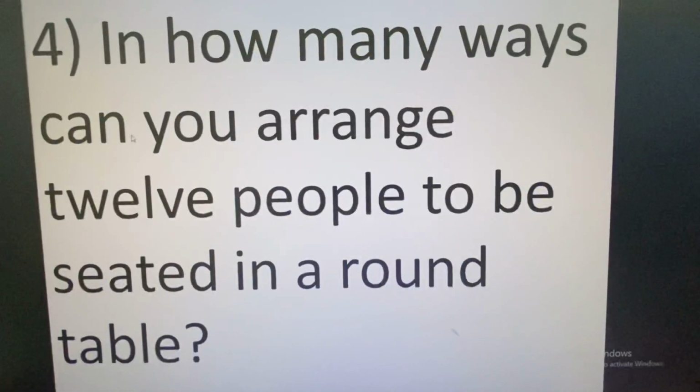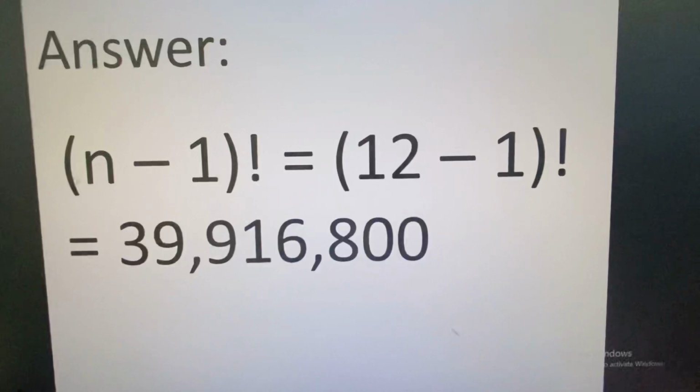Number 4. Next question. In how many ways can you arrange 12 people to be seated in a round table? So again, take note of this round table questions. Okay, so this is the formula and answer. So we have parentheses or bracket n minus 1 factorial.